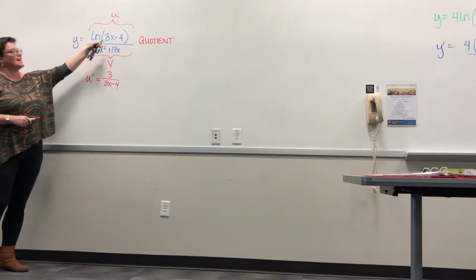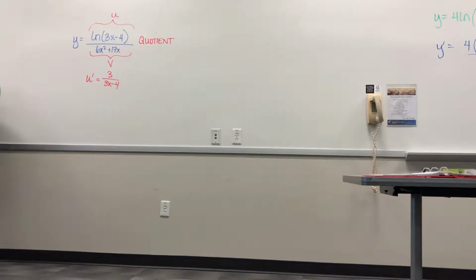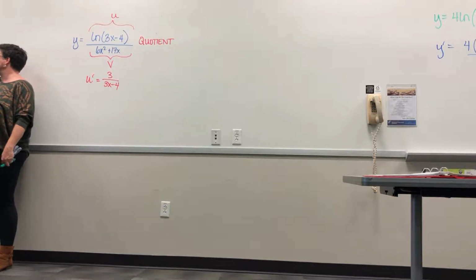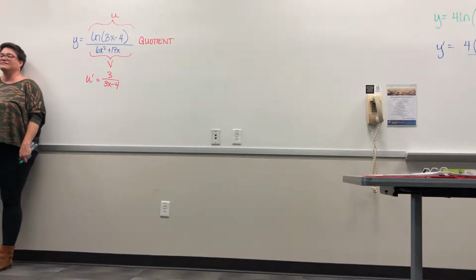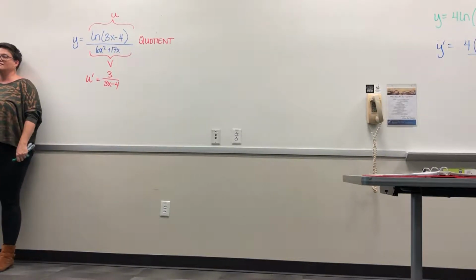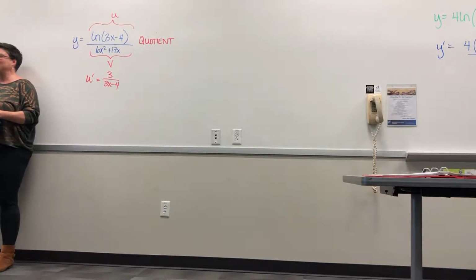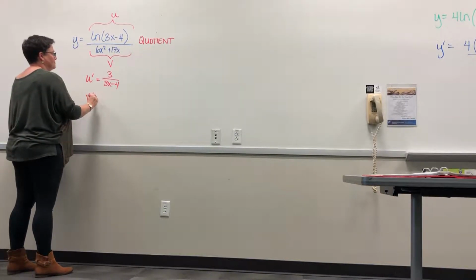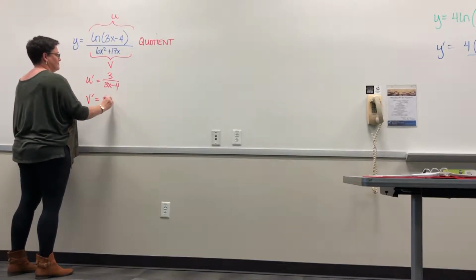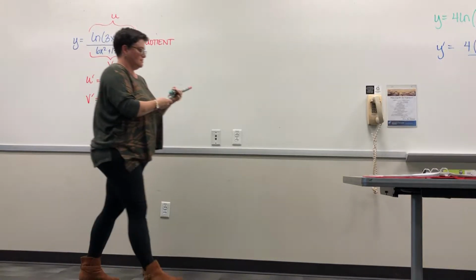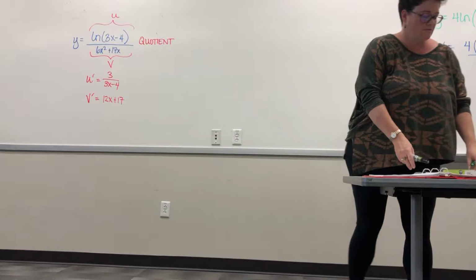If u is just natural log of some stuff, the derivative is the derivative of the stuff over the stuff. What's v prime? 12x plus 17. And because this is a quotient, we just use the quotient rule.